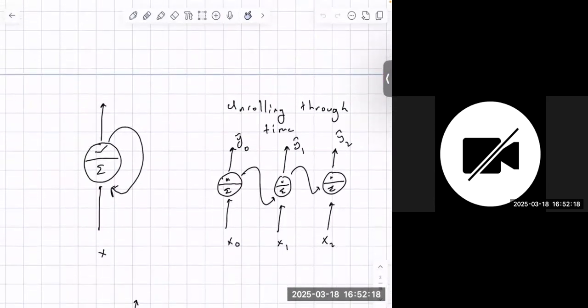So this is a recurrent neuron. What does it do? You put the input here. This is a summation, like matrix multiplication or something, and maybe this is ReLU, rectified linear unit. Then it produces an output, but it also puts it back inside. That's one single recurrent neuron.